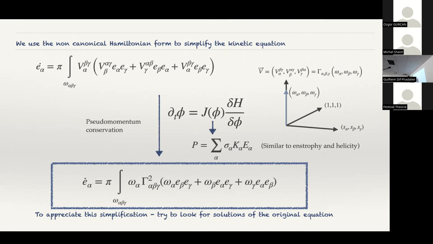One important thing that I didn't say about the kinetic equation is that it is concentrated. So when you take time to infinity and L to infinity, the only interactions that will survive in the kinetic equation will be interactions on the resonant manifold.